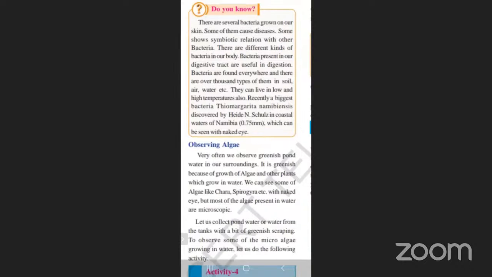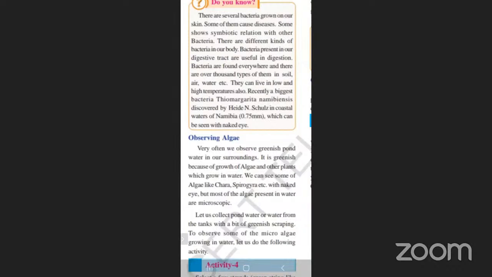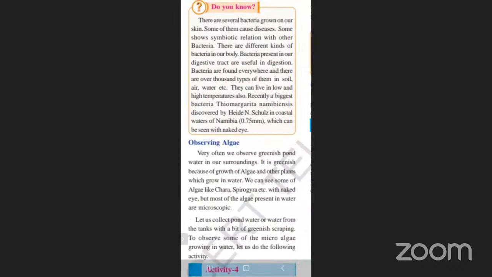They can live in low and high temperatures also.